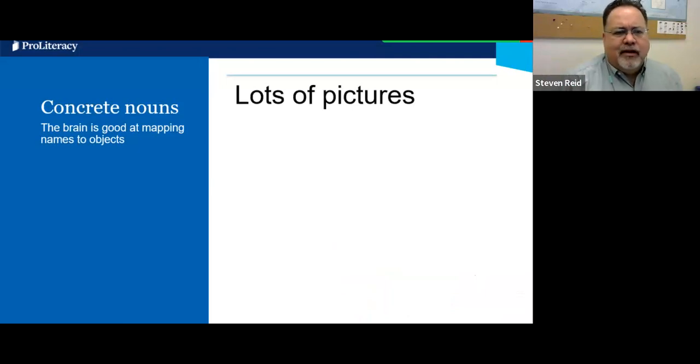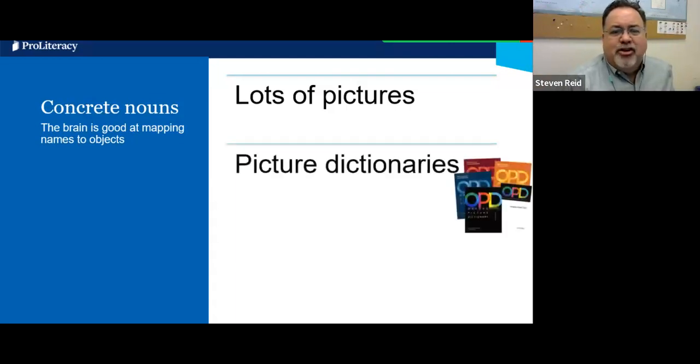I think it's a good idea to use something like PowerPoint that you can build that picture library in, so that they can see a lot of examples that will help map that word in their brain. Picture dictionaries are fantastic. There's a lot of great ones out there.